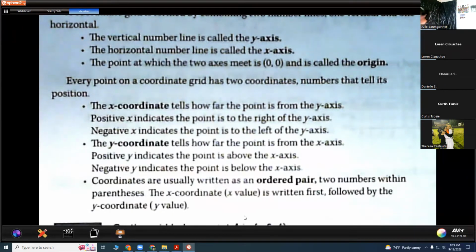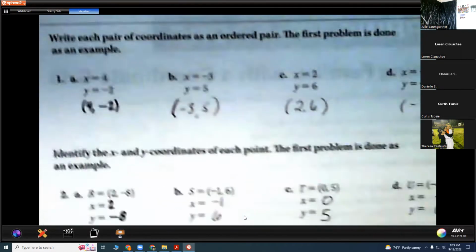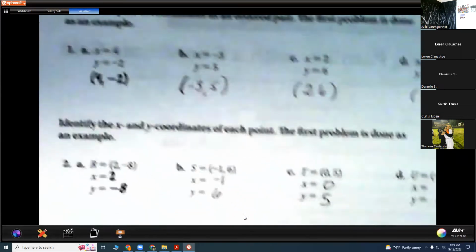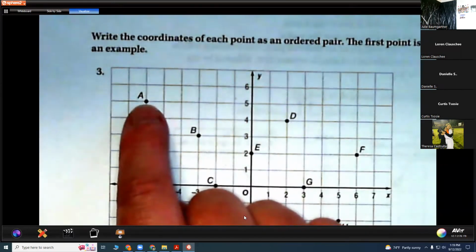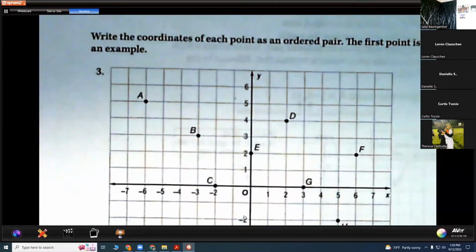All right, cool. So we went through that piece. Hopefully everyone felt good about not only creating your ordered pairs, but then, once you've got your ordered pairs, finding the coordinates of the points.